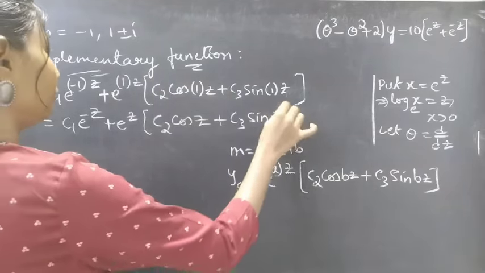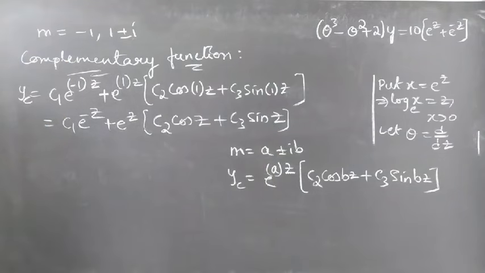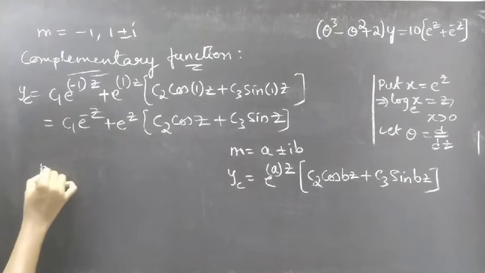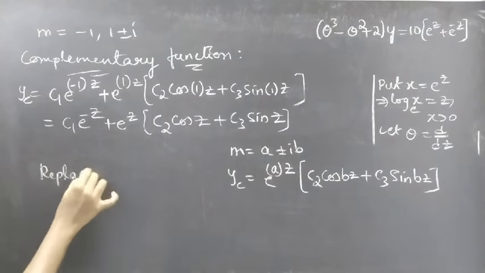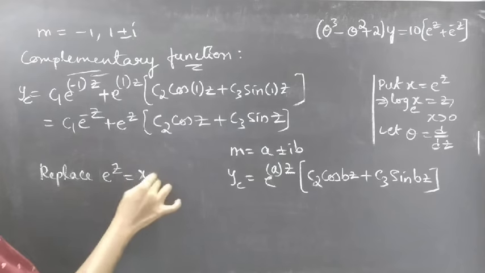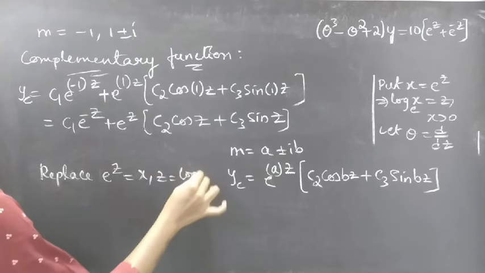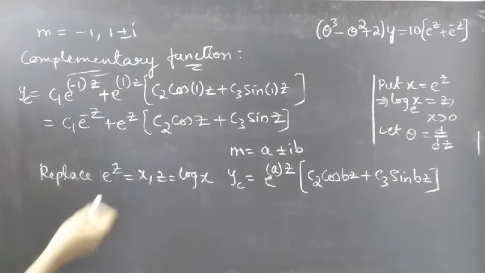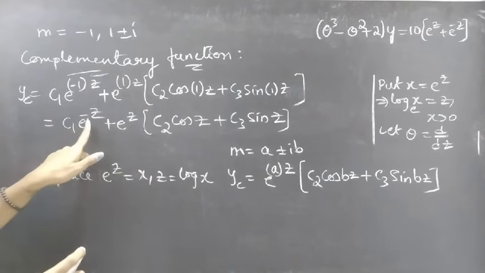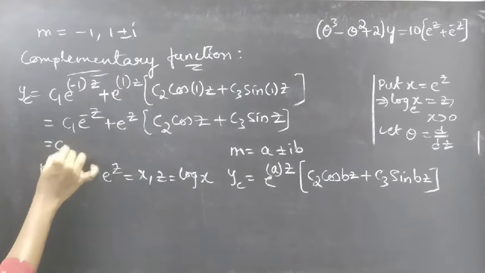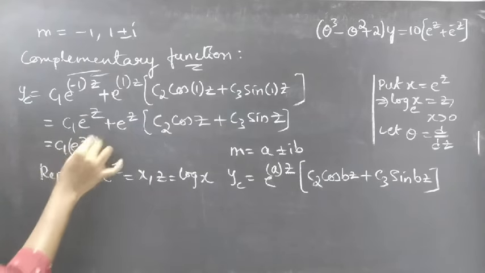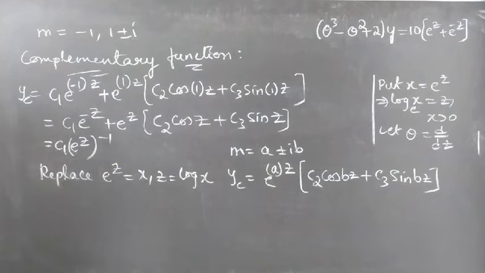Now we have yc in terms of z, but we need to write in terms of x. So we'll replace e power z by x and z by log x. Right? In order to replace e power z by x, we need to write e power minus z as e power z power minus 1. Okay?